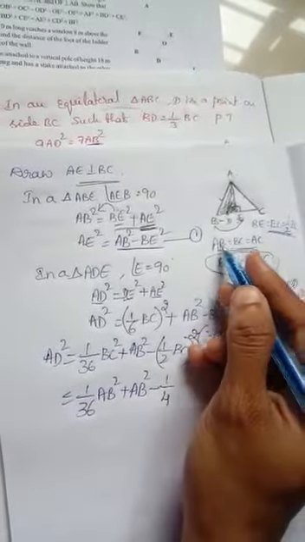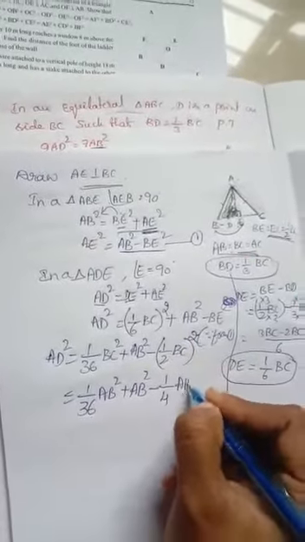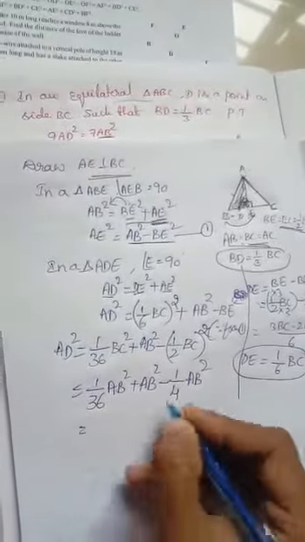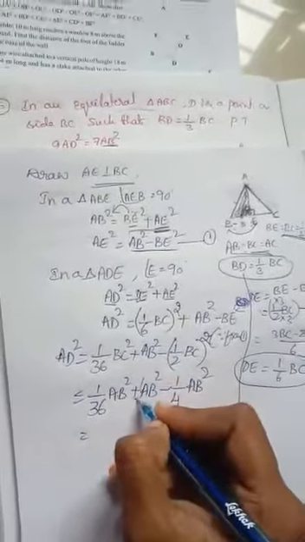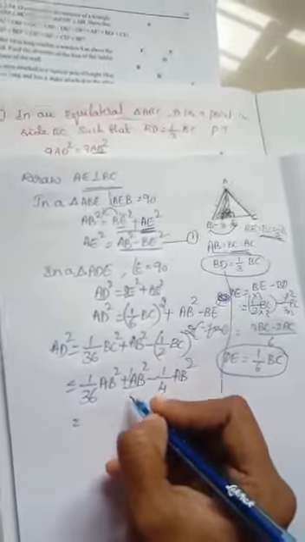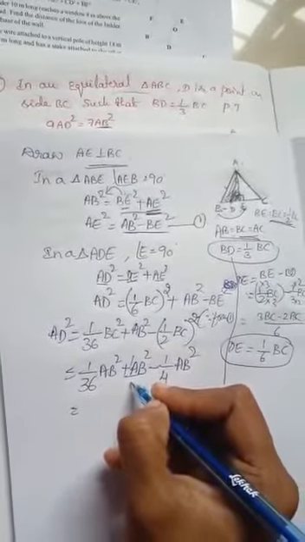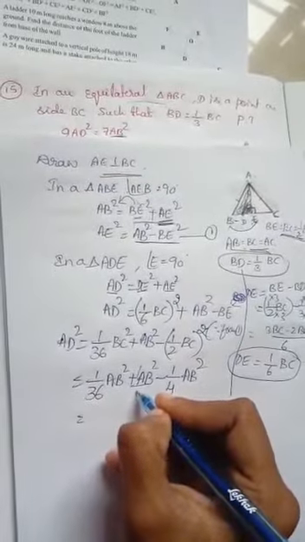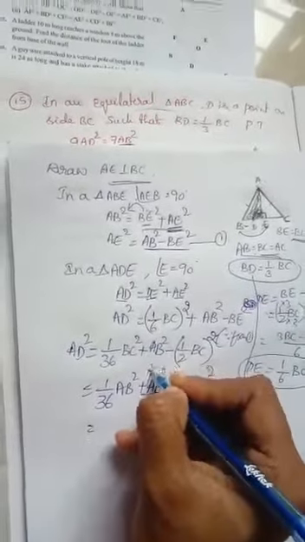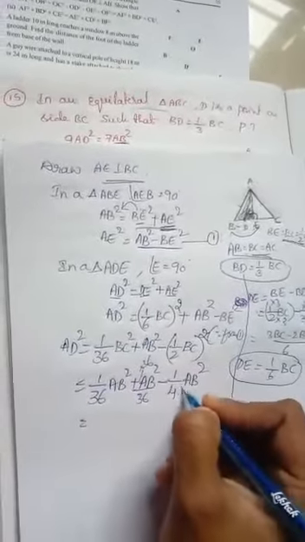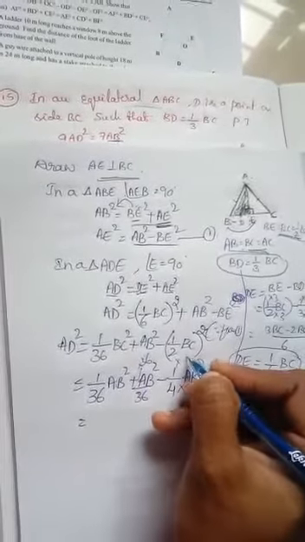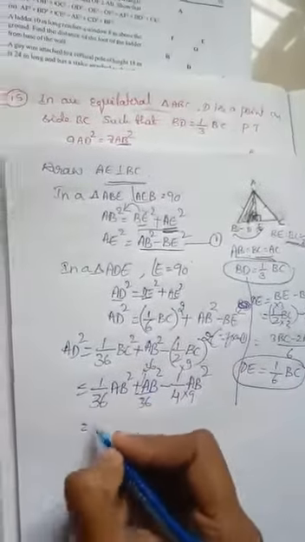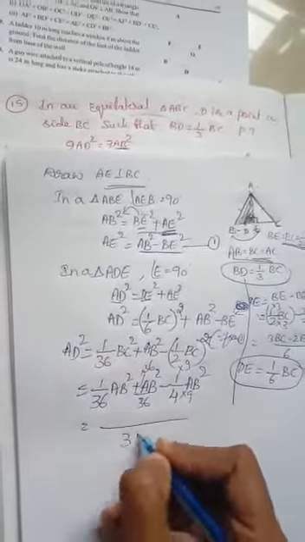BC square can be written as AB square because BC is equal to AC. The denominator can be made the same for adding these 3. Therefore, 36 into 36, 4 9s are 36. Therefore, the denominator is the same.